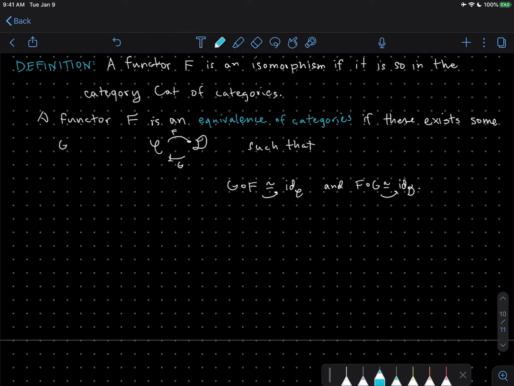All right, now I want to leave you off with the most important theorem in category theory and one of the most important easy lemmas in all of mathematics. This is going to be called the Yoneda lemma.